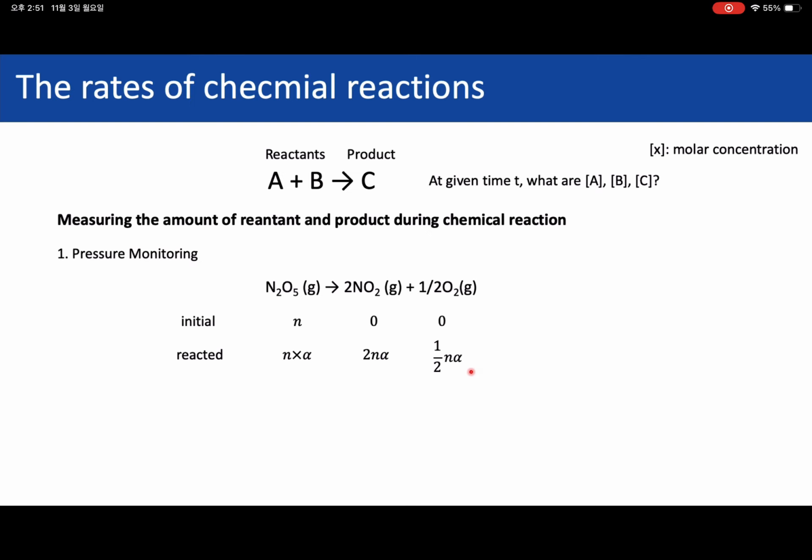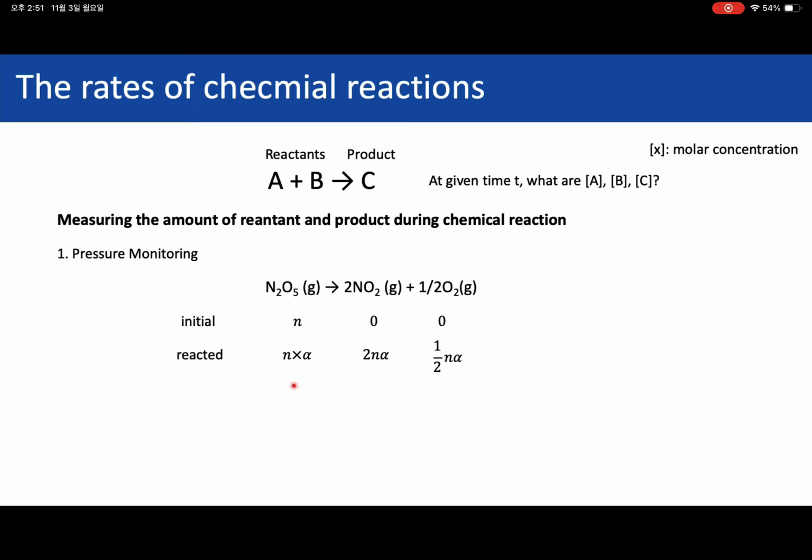So these are the amounts that reacted. The remaining amounts of nitrogen dioxide and oxygen gas are the same as the reacted ones.